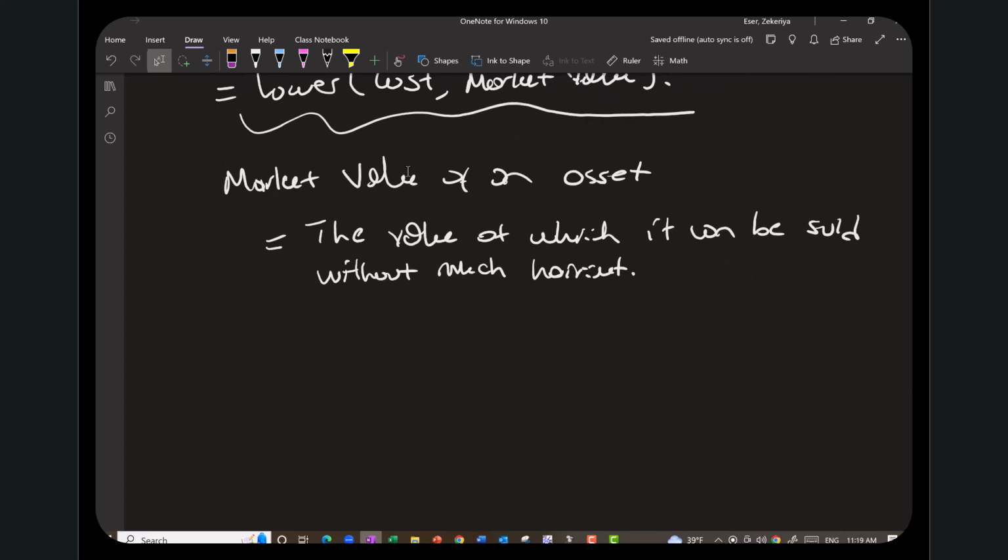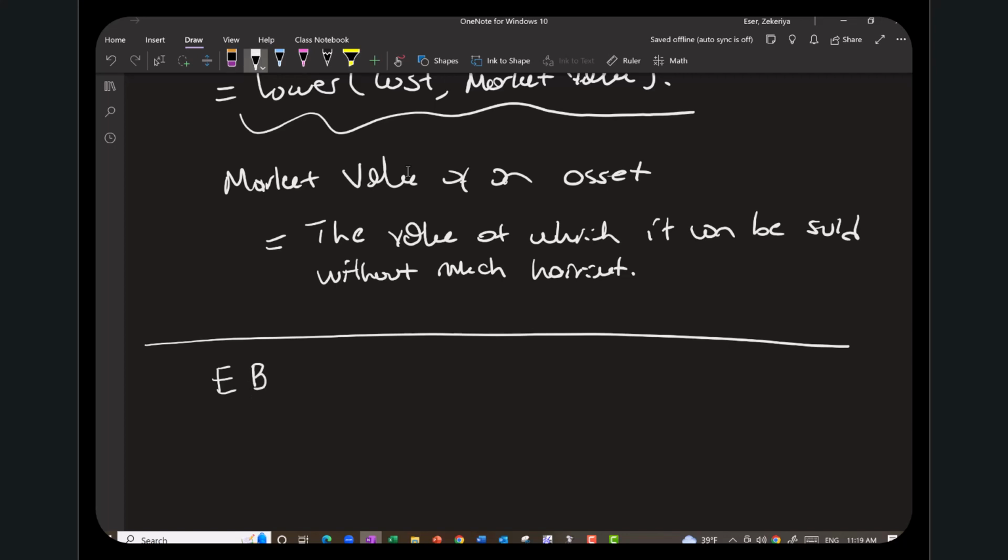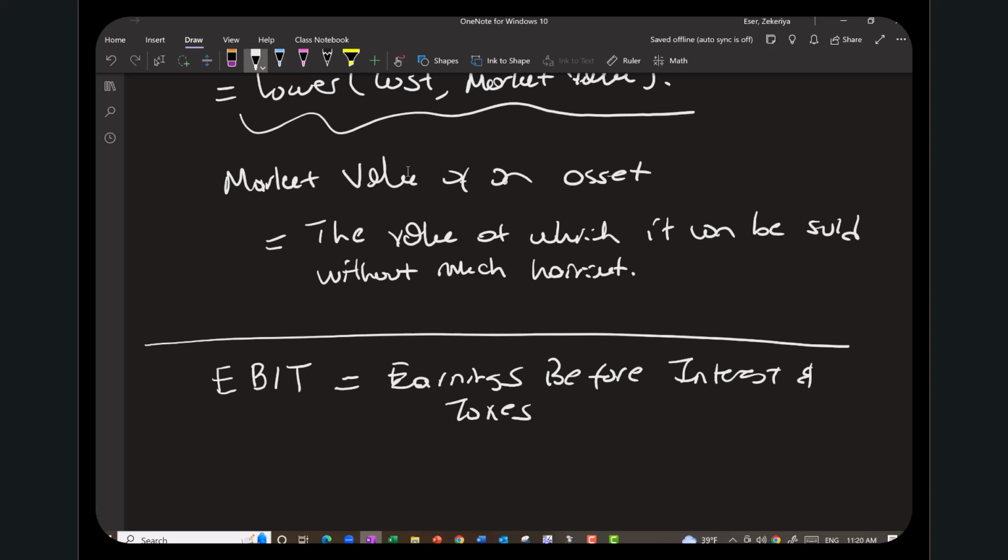Now, on the income statement side, we're going to define a few quantities. One of them is EBIT, which is short for earnings before interest and taxes. We're going to also talk about EBT, earnings before taxes.